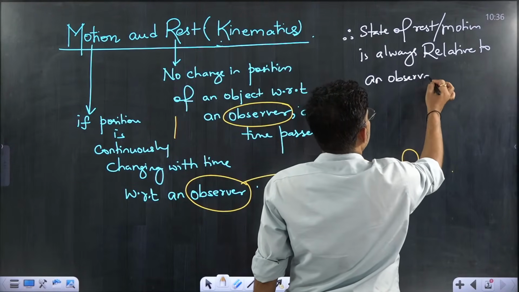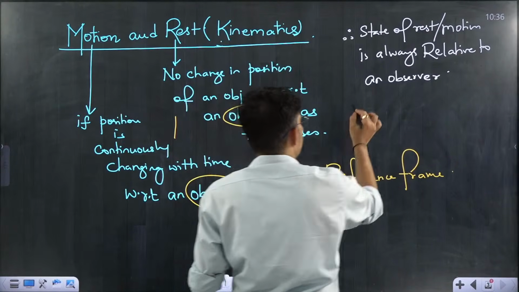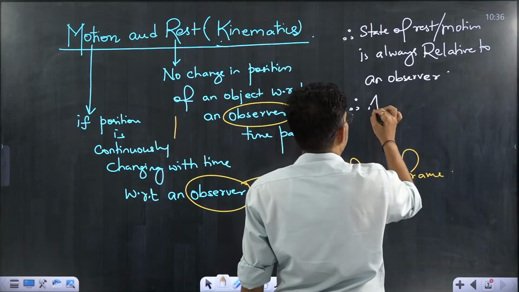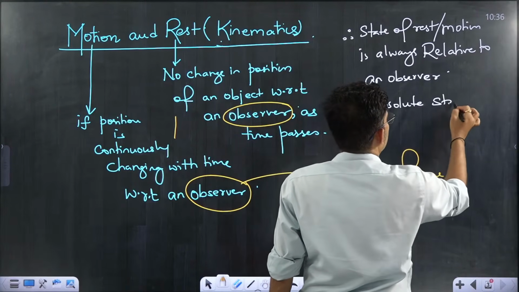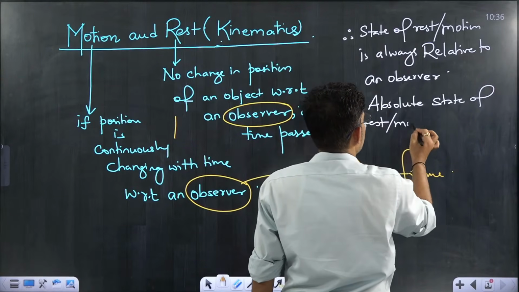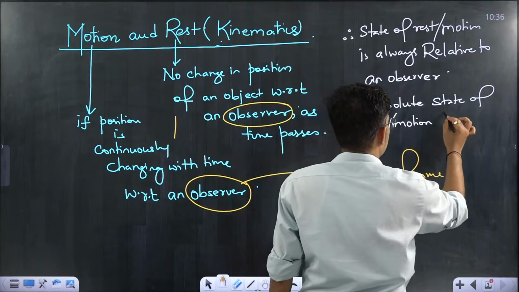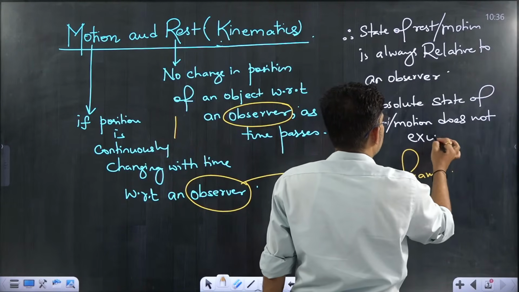So they are relative terms. Therefore, absolute state of rest or motion does not exist.